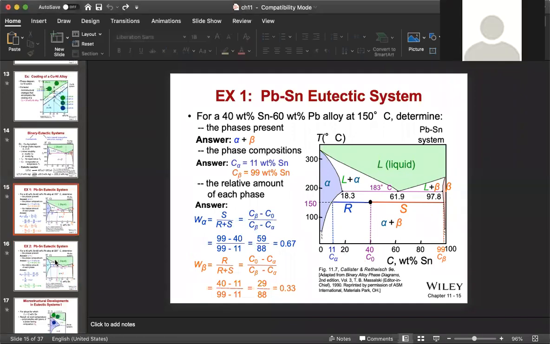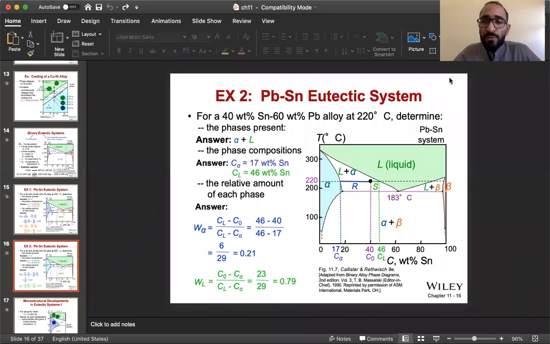Okay. And if you are at a weight fraction of 48 weight percent, and at 220 Celsius, what you can see is that you have two phases over here, right?